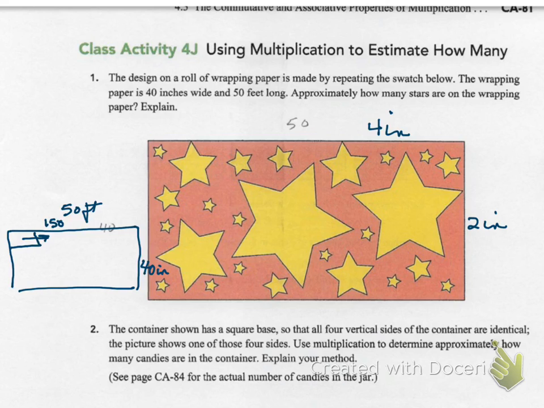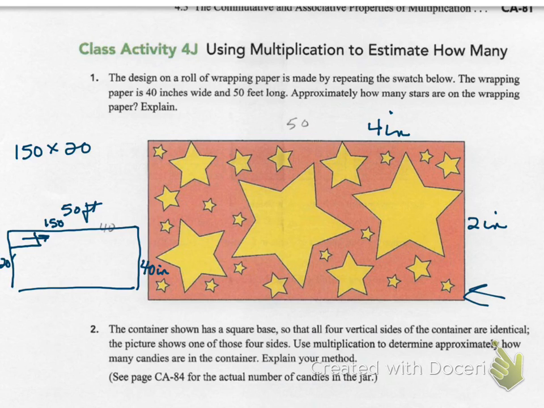Then, on the same side, if this is 2 inches high, the little sample that I have, then I'm going to need 20 of those to get 40 inches. So I basically have a 150 by 20 that I need to multiply, because that's how many I have of these little boxes that look like this sample.